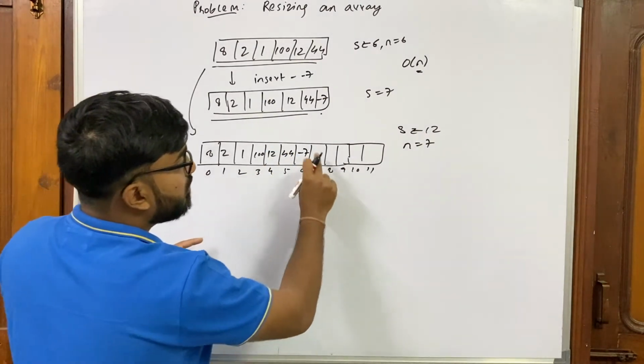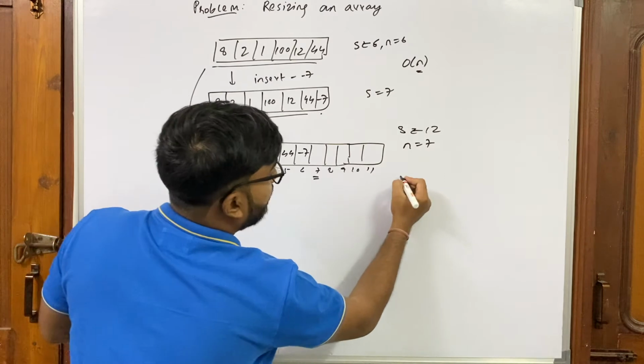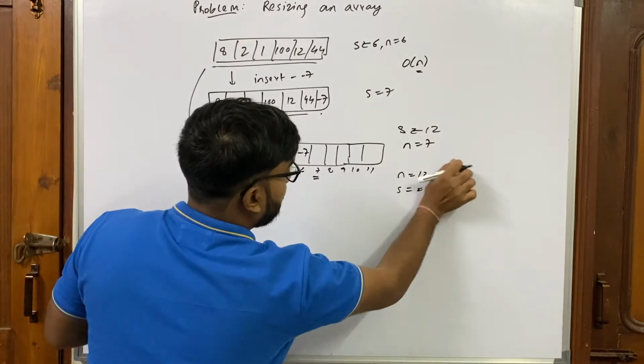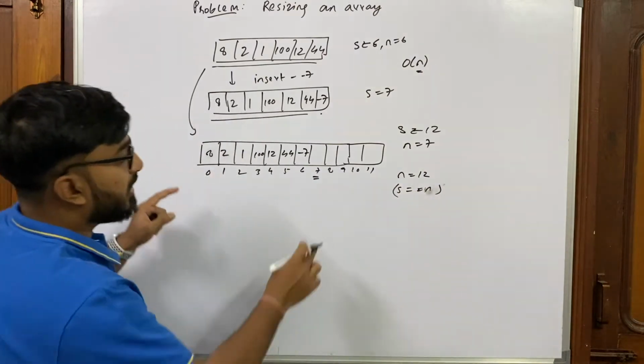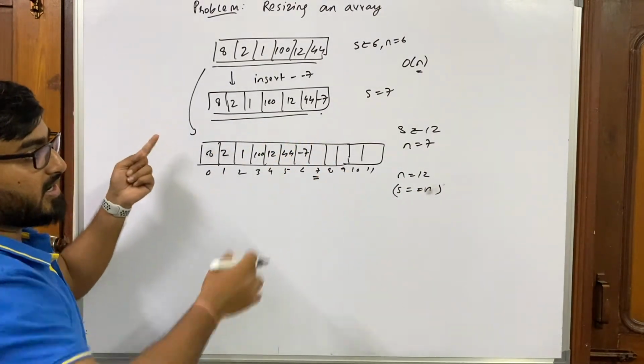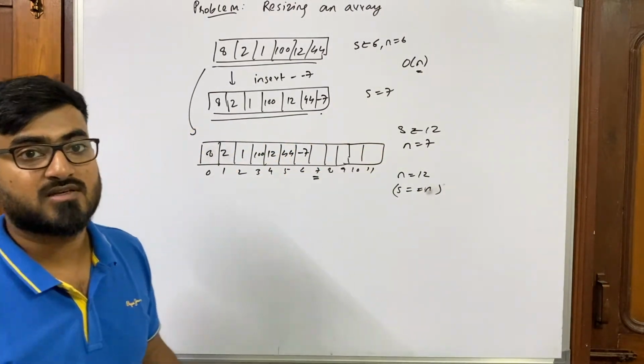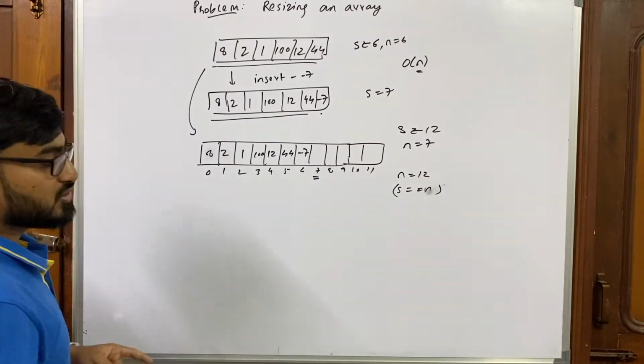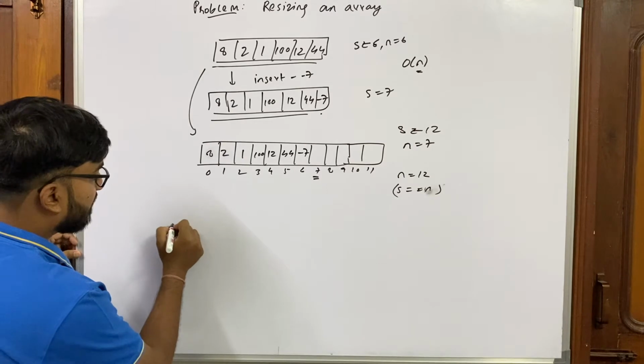It is when you use all these locations as well, when n becomes 12 and s becomes equal to n, it means the array becomes full, that you double the size of this array and it takes 24 locations. Doubling the size of the array to resize it is a very standard procedure. So we basically start with an array of size 1.